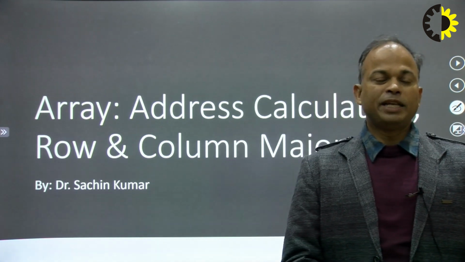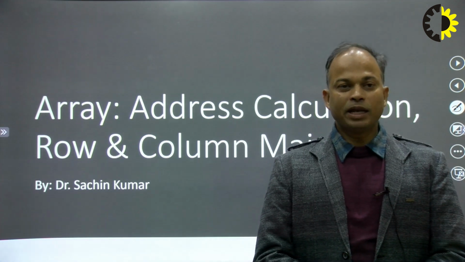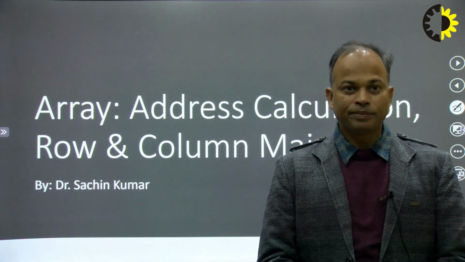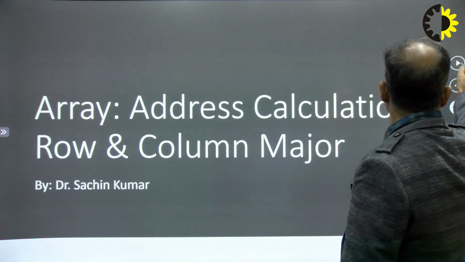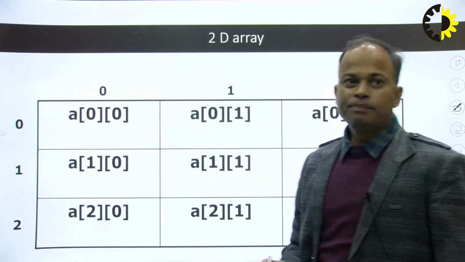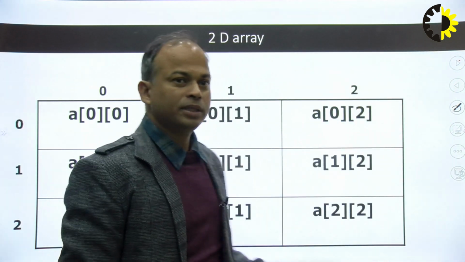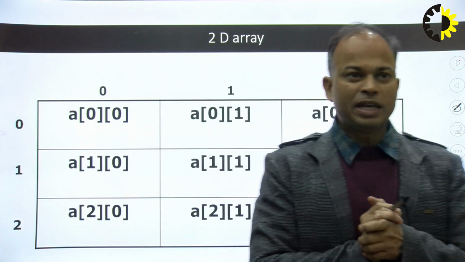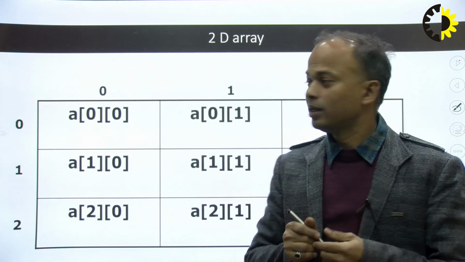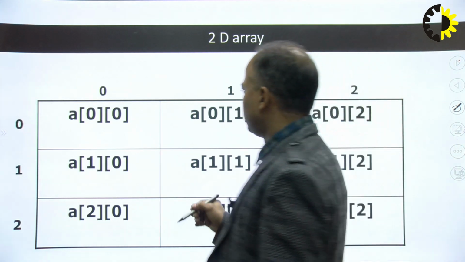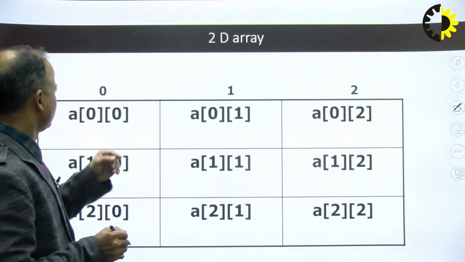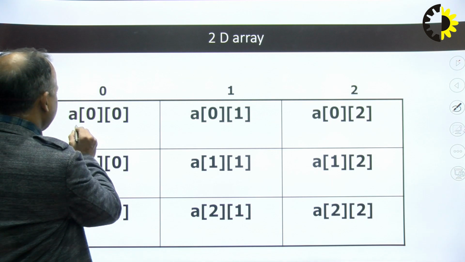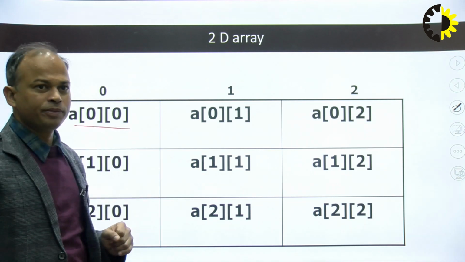First of all, we need to understand what is the array and how we can represent the array. For example, I've taken here the 2D representation of the array. We have here a two-dimensional array. The first element is represented here as A00.